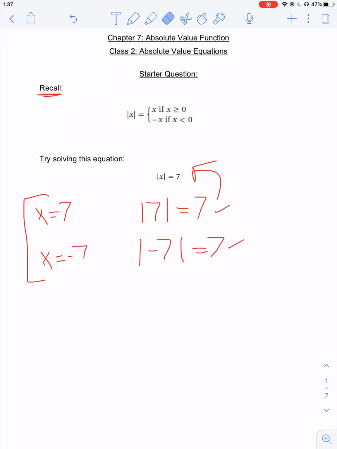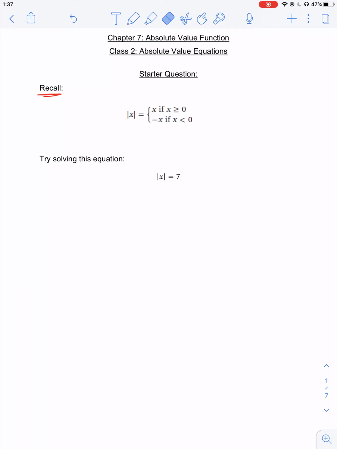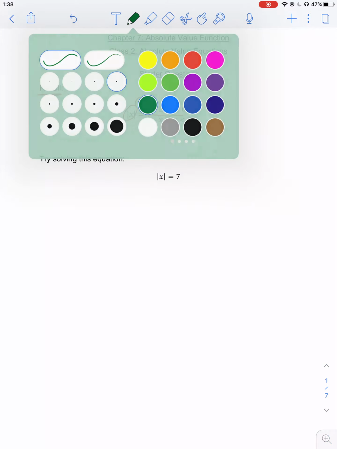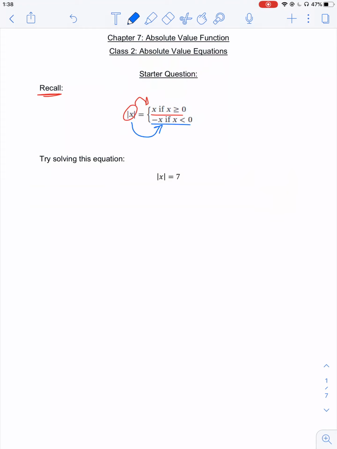What we have to do is rely on the definition. We're going to have two cases. This absolute value actually splits into two cases. Case one is what you have on top. Maybe let me just do this in red. So this is your case one, and this will be your case two. We're going to rewrite the absolute value as a linear function.